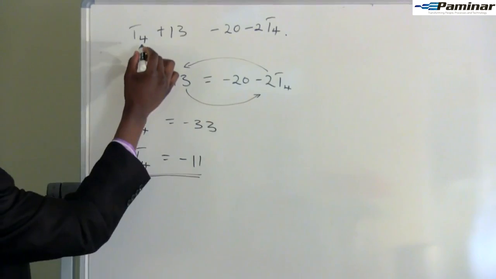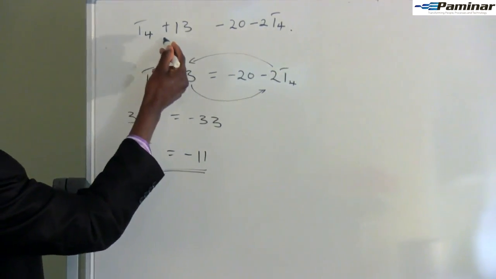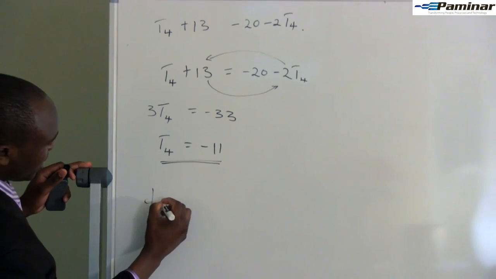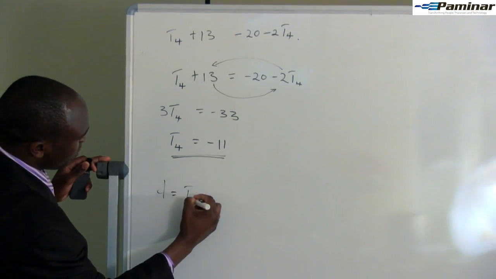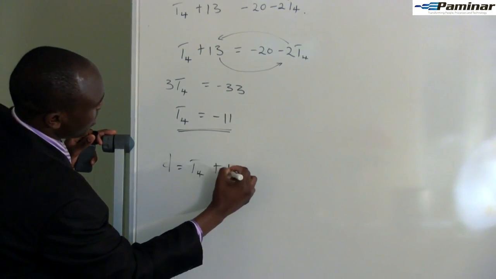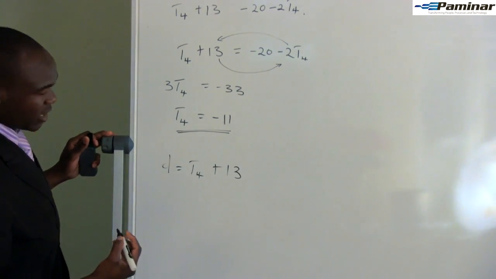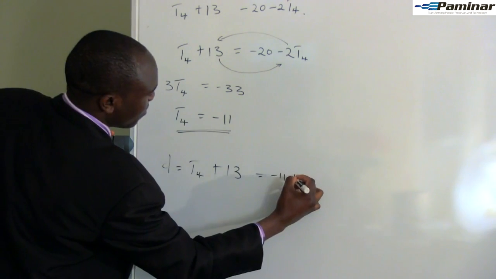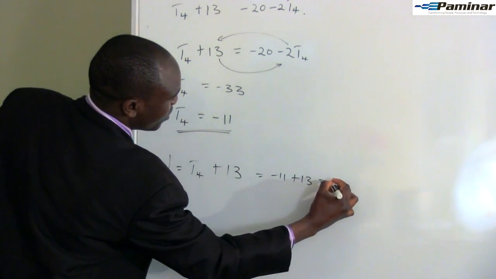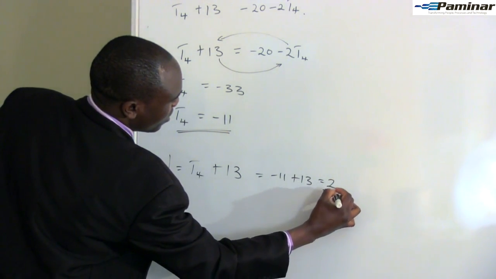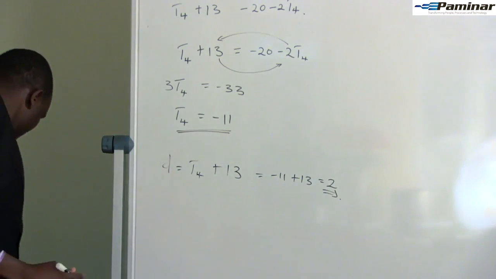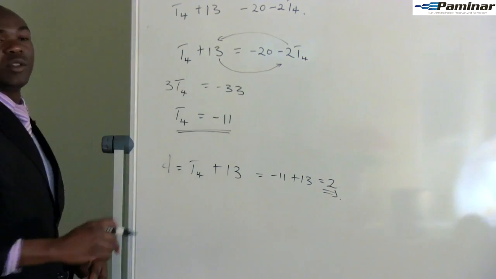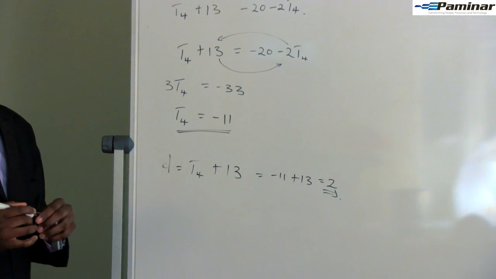Either way, when you put here or there, we should get the same answer. Now our D is equal to T4 plus 13, which is equal to, what is T4? Minus 11 plus 13, which is equal to 2. So our D is 2. Even if you put it here, you still get the same answer, 2.